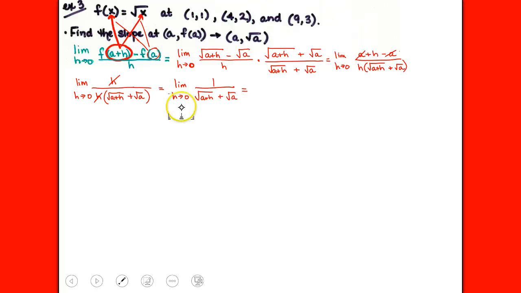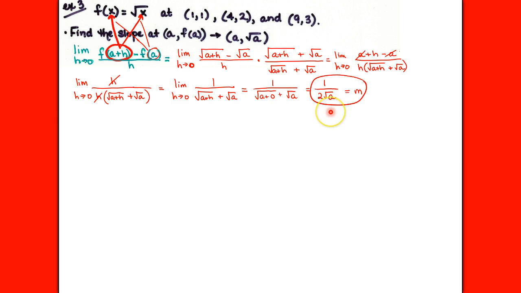So if we go through and put 0 in the place of h right there, that would give us the square root of a plus 0. That'd be the square root of a plus the square root of a, so that would just be 2 square roots of a. So here's what I just created. I just created a formula to find the slope at any a value they want to give me.